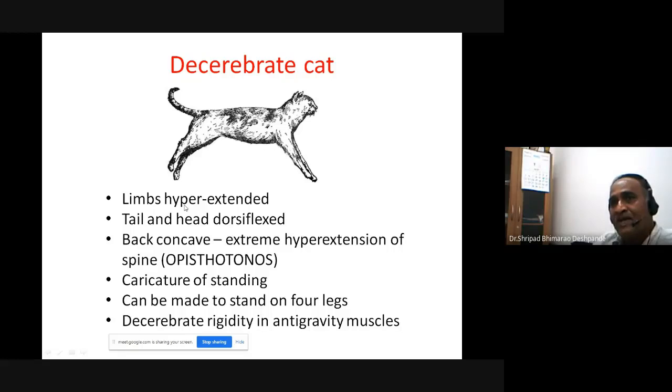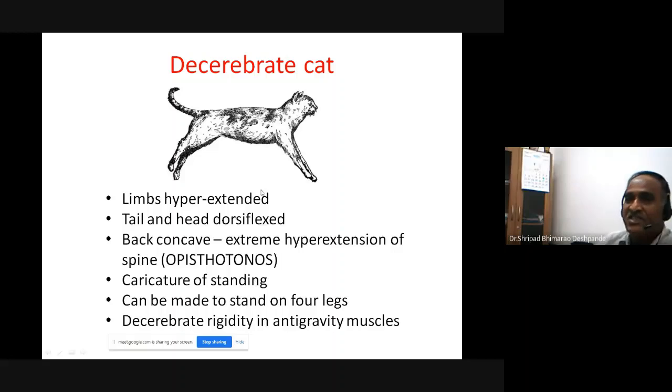Limbs hyperextended. I have put this figure there. Tail and head dorsiflexed. The tail is dorsiflexed, coming here, making a C. And the back concave, extreme hyperextension. That means becoming a C, and opisthotonos position.